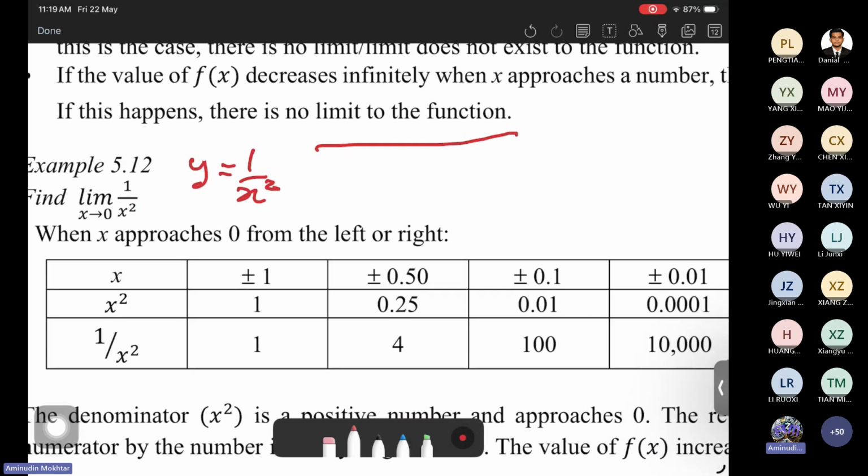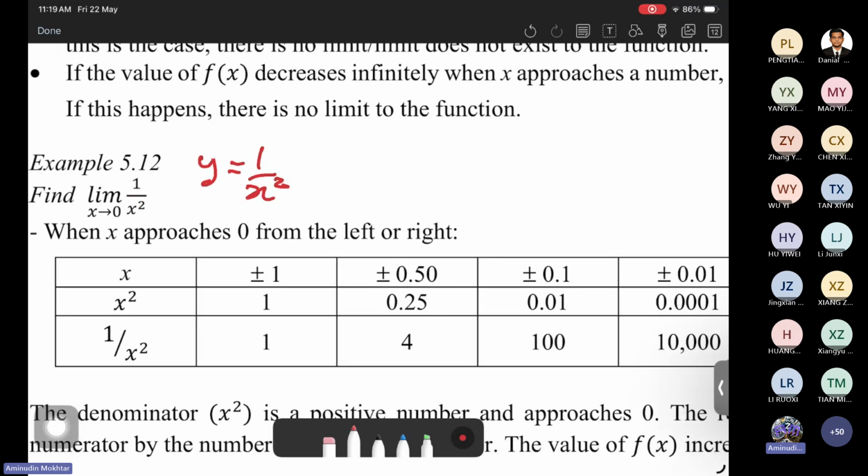Based on the rule of limit, if we substitute x equals 0 into the function, we find the answer is undefined. We cannot find the limit when we follow the rule of limit, which is just substituting the value of the limit into the equation. 1 divided by 0 is undefined, or math error.